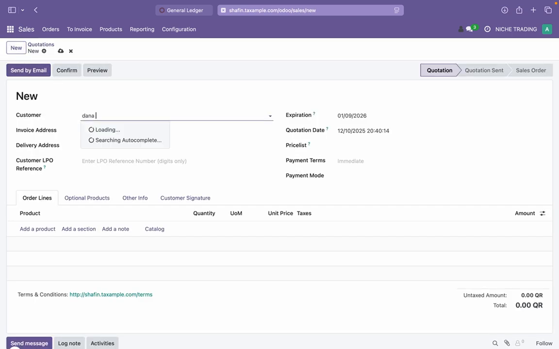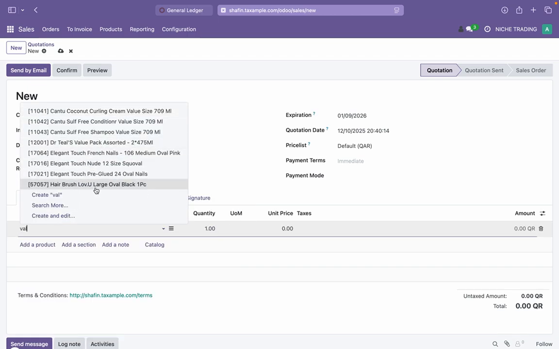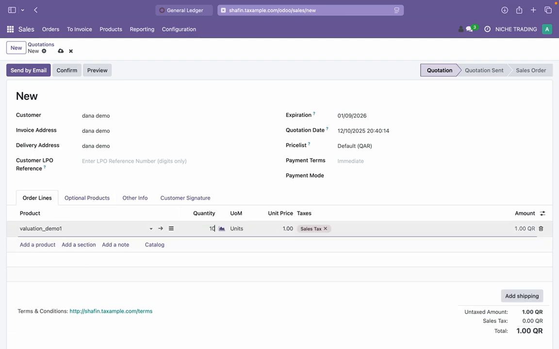Let's sell this item to a customer. Say we are selling 100 units, each priced at 20 currency per unit.